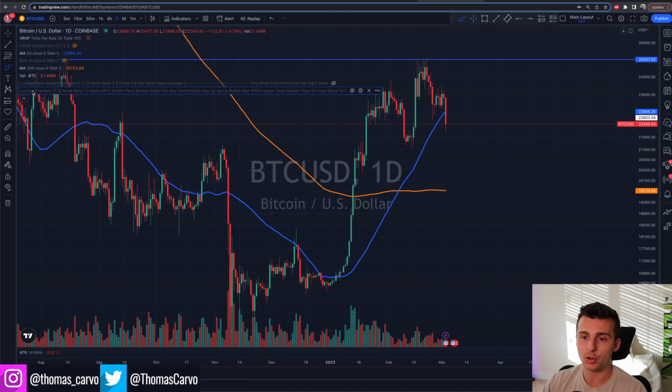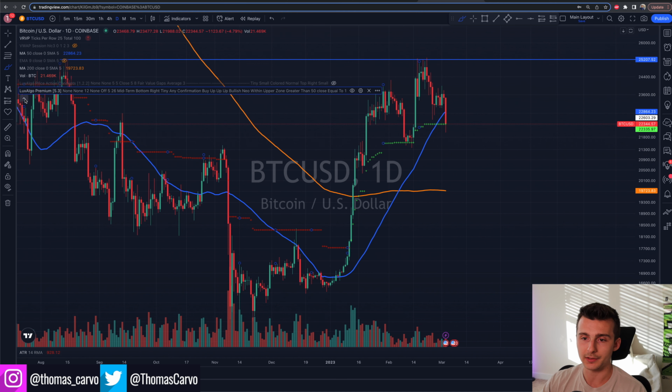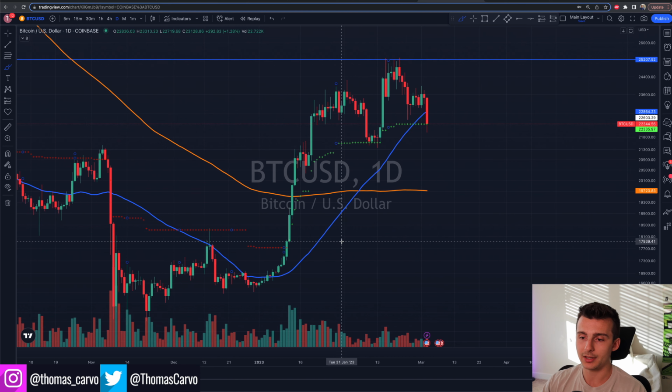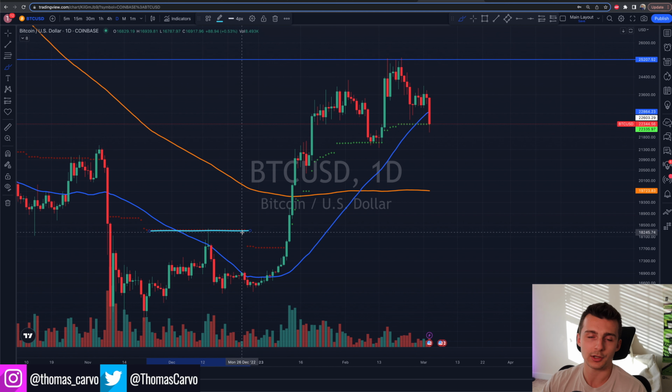So if I go over to LuxAlgo Premium, one of their additional premium indicators, I have selected Smart Trail and Trend Tracer. I'm going to use the Trend Tracer first, okay? And what Trend Tracer does is it draws in these red plus signs and then these green plus signs. So red means, hey, we are in a negative trend, like we're down, you don't want to go long right now.